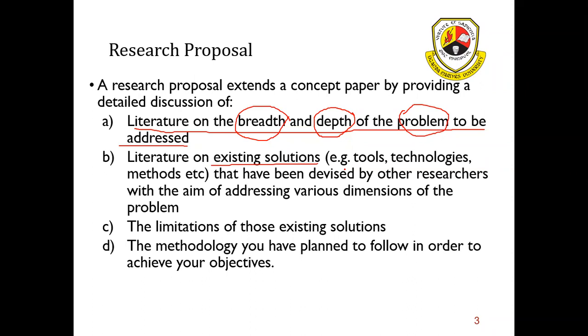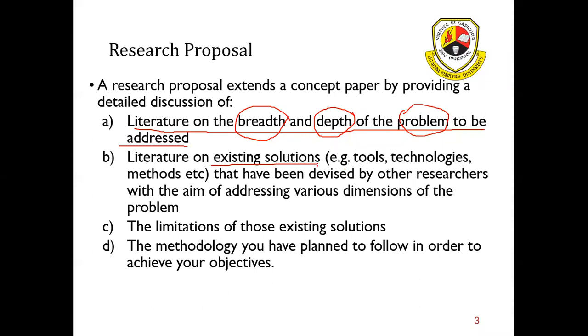So for example, if your problem area is in the field of cybersecurity in networks, then your objective should be designing a solution for those cybersecurity challenges. That should be your primary objective.